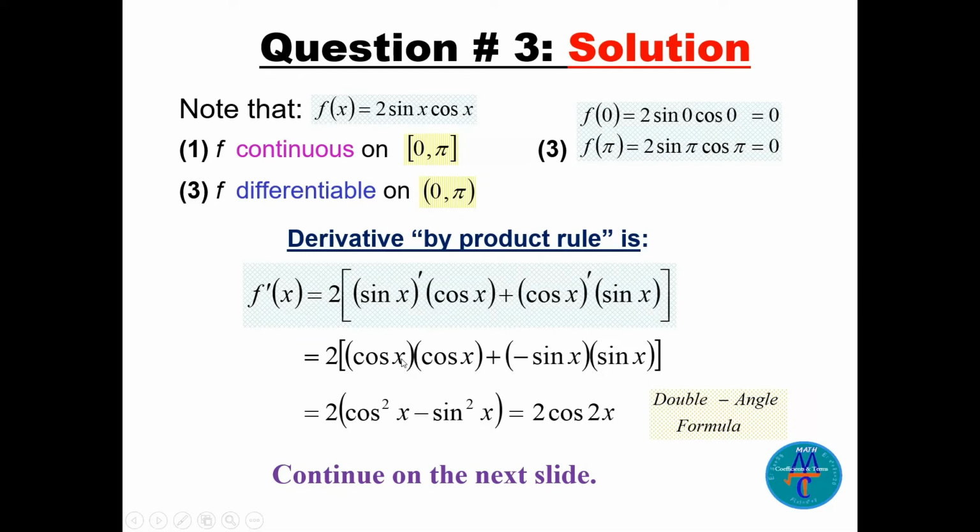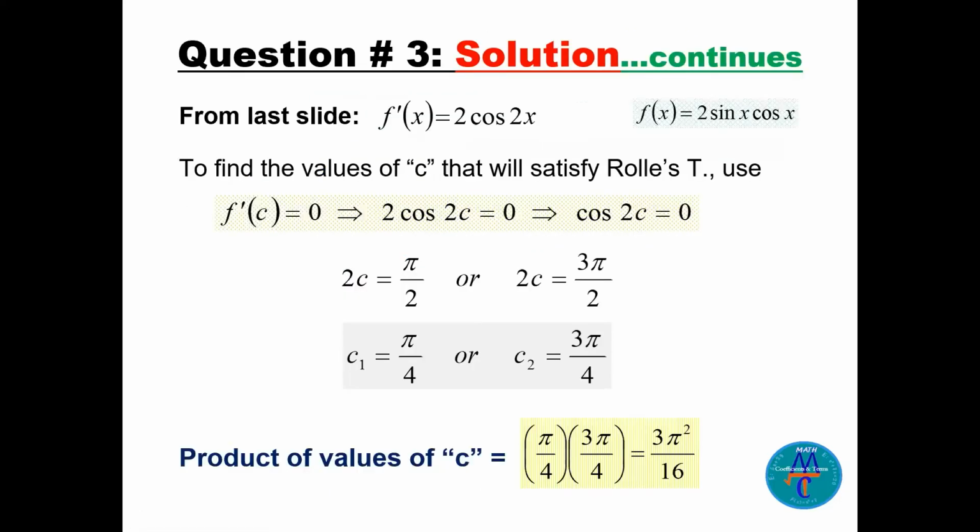So when you multiply inside, you get cosine squared of x minus sine squared of x, and this will be by the double angle formula for the cosine. So the whole derivative will be 2 cosine of 2x. Let's continue on the next slide to find the values of C.